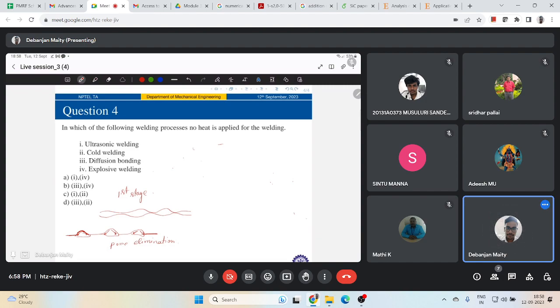So let's say X is my thermal diffusion length, that is proportional to root over D into t. What is D? D is the diffusion coefficient. You're also familiar with Fick's first law of diffusion. D is the diffusion coefficient, and t is the time of diffusion.